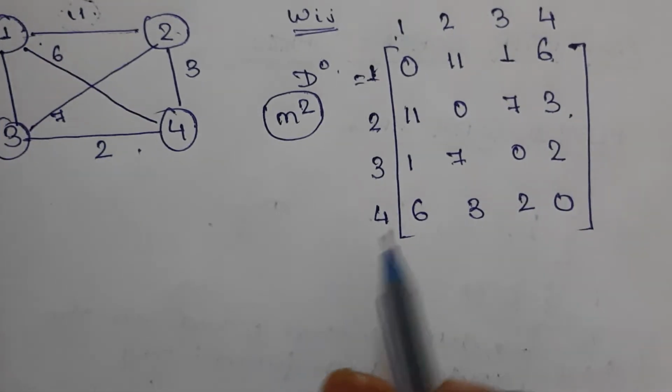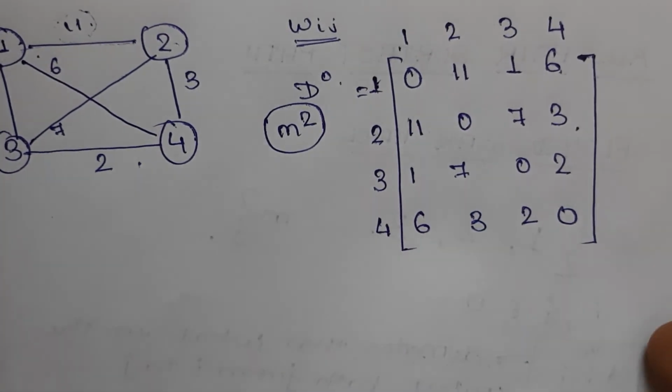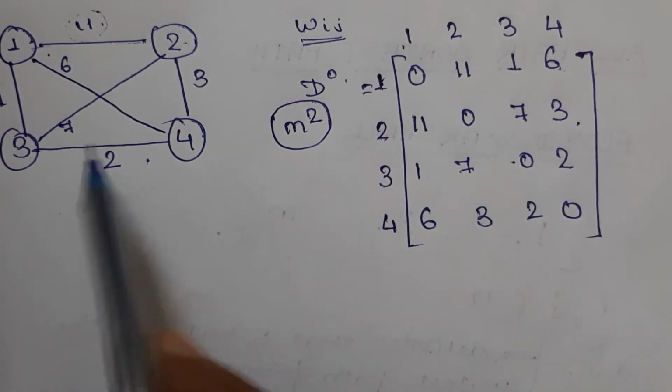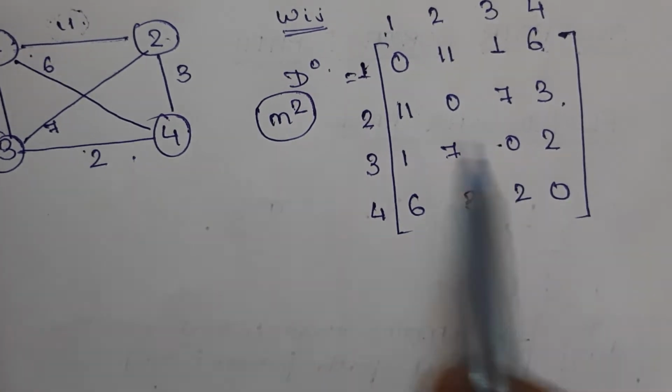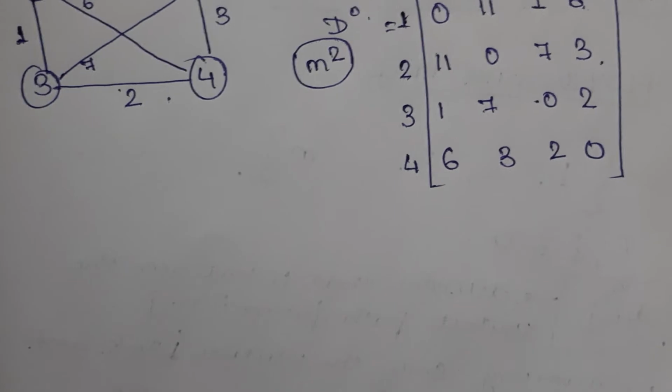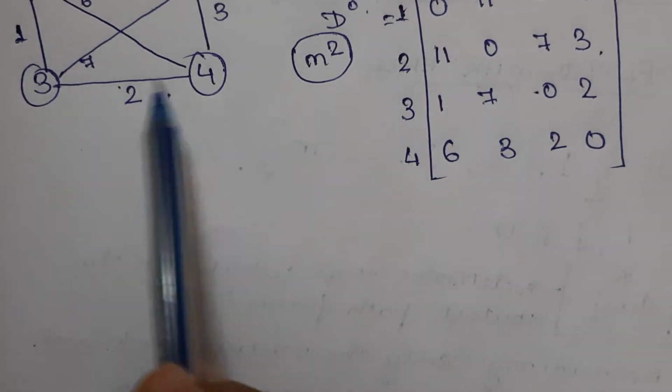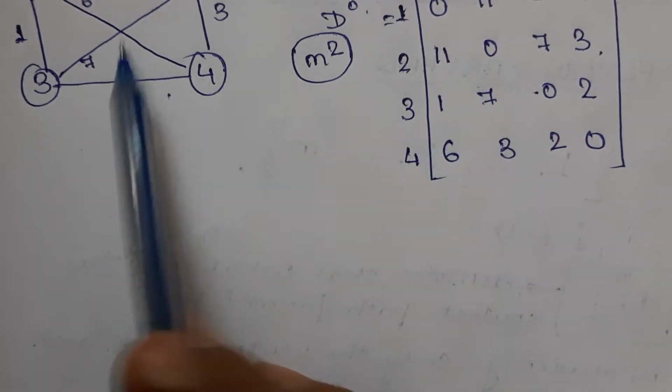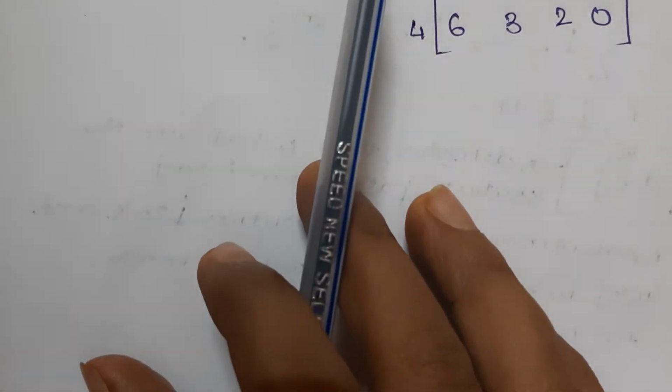So this is the weight matrix. Either in the example or in the exam, this or this may be given, so you can change this to this and this to this. So now it comes to the problem solving.